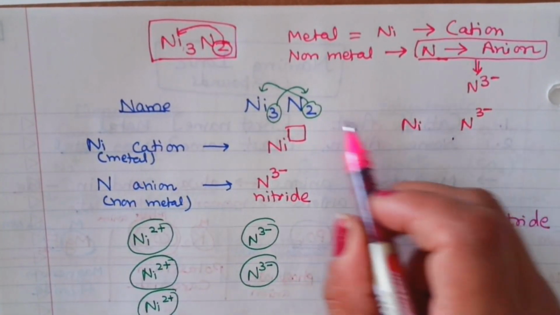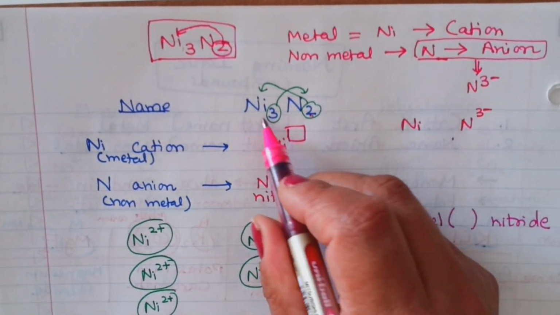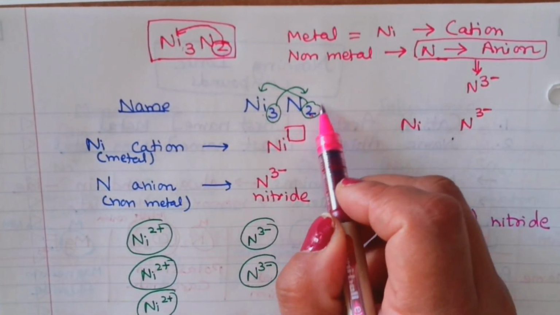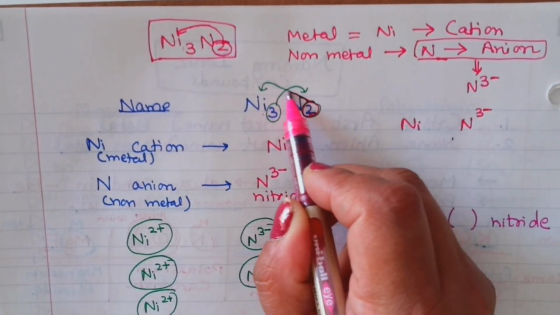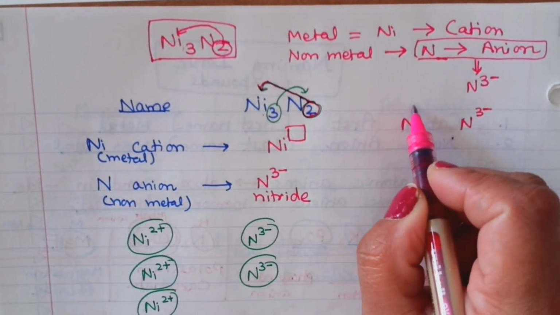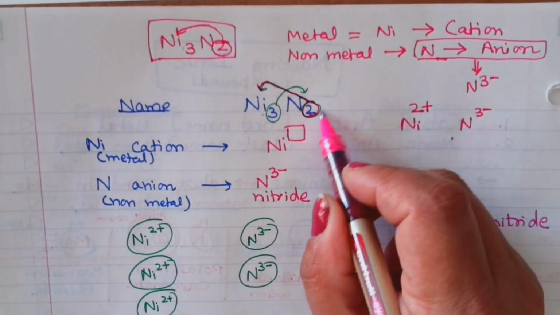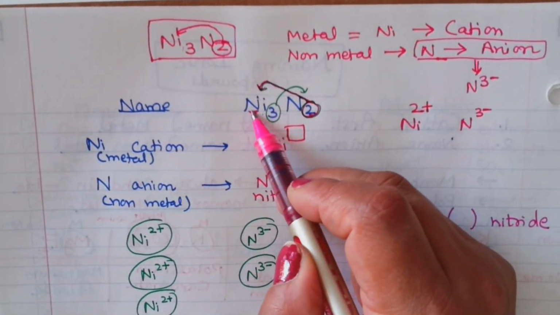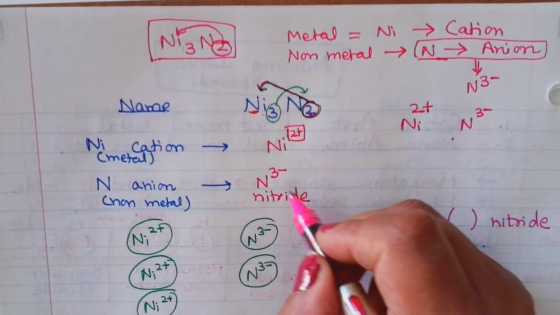Now this subscript, that 2, is coming from nickel. So we can undo the crisscross. So this 2 can be made as a charge on nickel, right? So that becomes nickel 2+. So this 2 is the charge coming from the nickel, right? So I can write nickel is 2+, right?